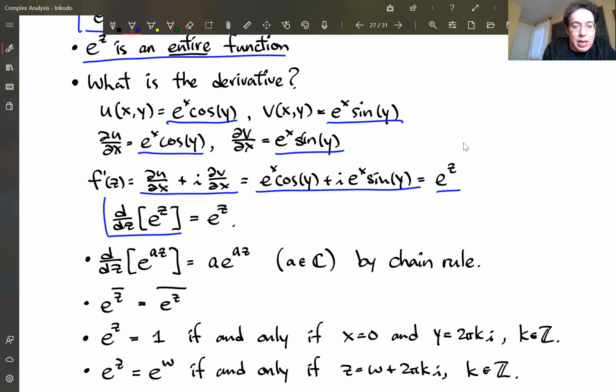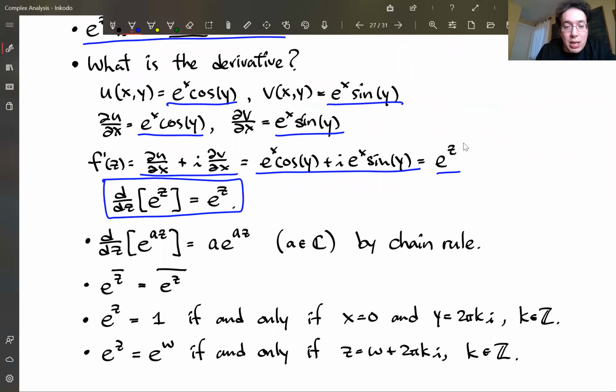So I've written that here. The derivative of e to the z with respect to the complex variable z is e to the z. The chain rule holds. So the derivative of e to the az is going to be a times e to the az for any complex a. This holds because of the chain rule.